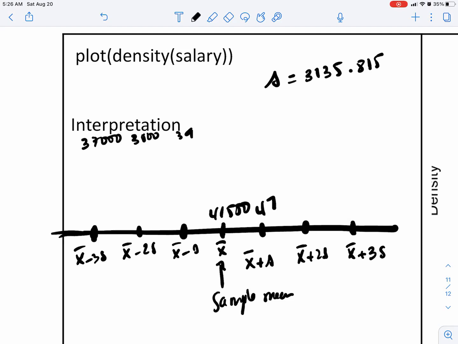Just to be on the same page, 41,500 plus 3135.82. So this is going to be 44,635.82. Okay.